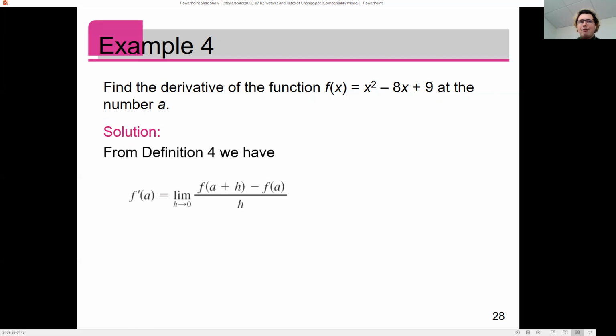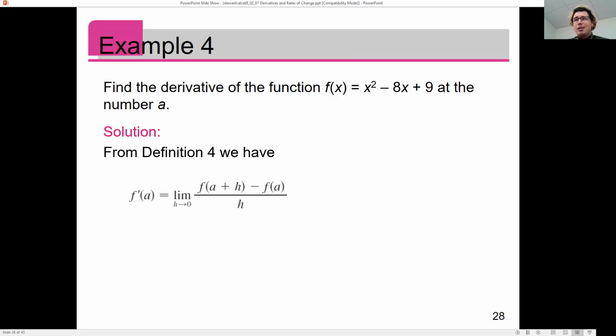How do I find the slope at coordinate x equals a? That's what the derivative measures. So I would write f prime of a equals the limit as h goes to 0 of f of a plus h minus f of a all divided by h. That's going to be the same exact formula every single time. That's the limit of the difference quotient.